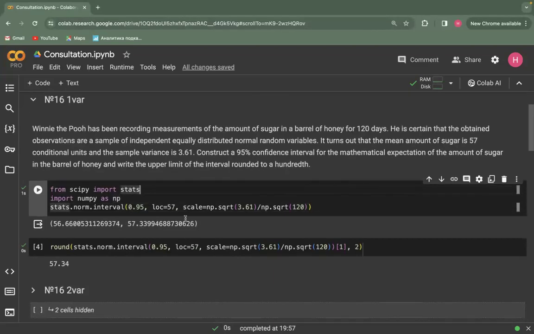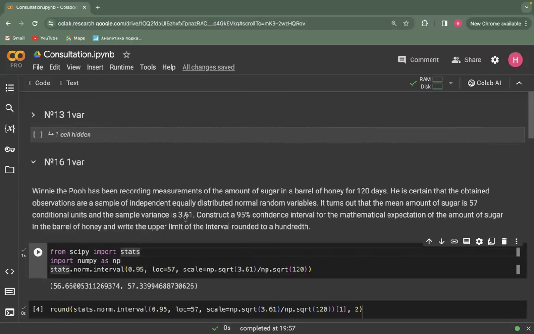So let's, for the beginning, calculate this interval. We have to use the library SciPy to use the normal interval. Here in the first value, we put our confidence, it's 0.95. After this, we put the mean amount, here it's loc, it's 57, and the scale we have to calculate.